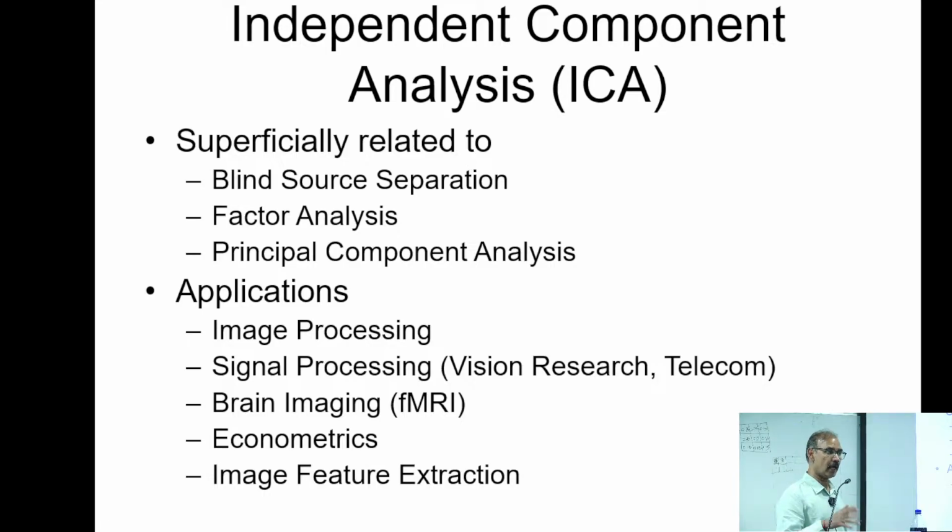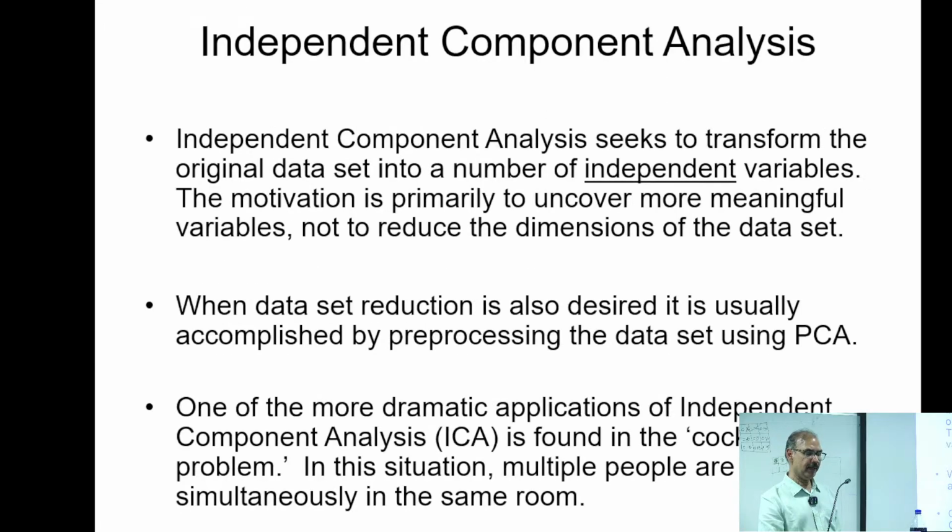This class of analysis methods in signal processing is called blind source separation, and it has had many applications in the last 20 years or so. Independent component analysis seeks to transform the original data into a set of independent variables. The motivation is primarily to uncover more meaningful variables and not to reduce the dimension of the data set.